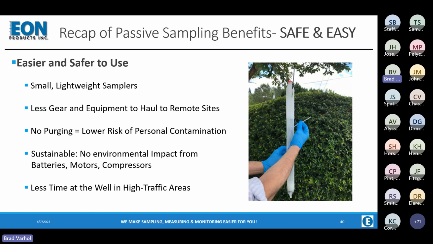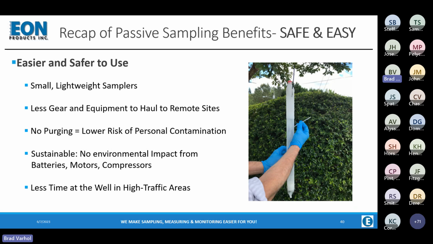They're safe and easy because they're small and lightweight. They can be transported and shipped easily. There's less gear and equipment to haul to remote sites. With no purging, we have a lower risk of personal contamination, and we also have less problem disposing of contaminated wastewater.